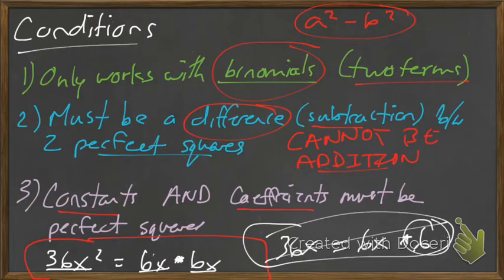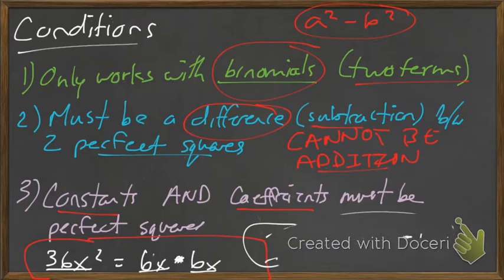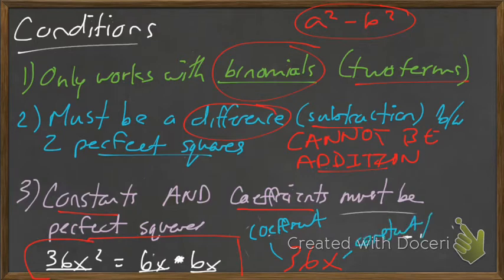So that doesn't work. Both the constant and the coefficient, let me label that out like I've done before. 36x squared: coefficients, constants. It's actually also a variable.